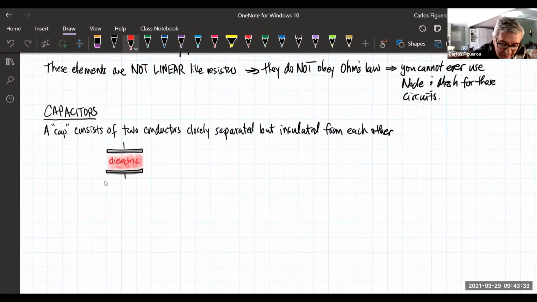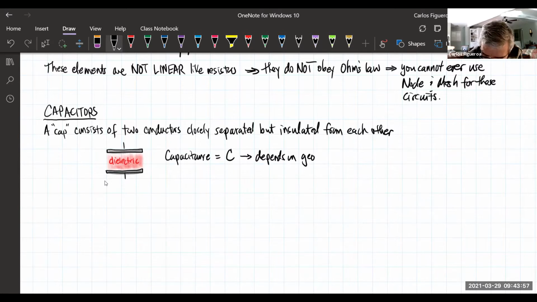And what you might remember is that the capacitance is a constant. This capacitance depends on two things. It depends on geometry. What do I mean by geometry?